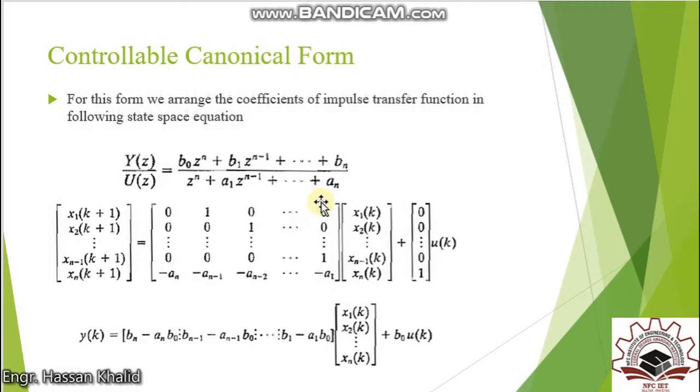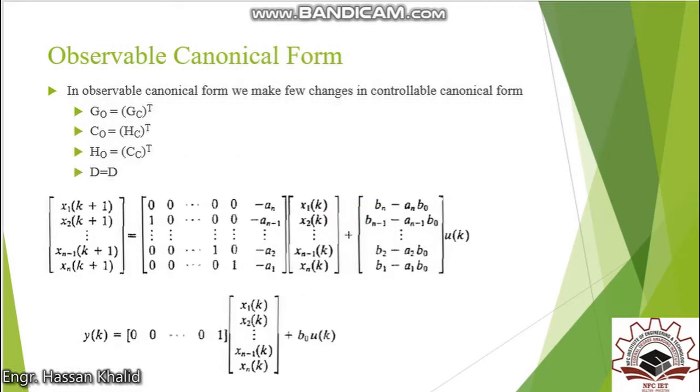That will be my new observable matrix for the G. Now just take a final look. All my last row after taking the transpose have been transformed into the last column, and similarly just by taking the transpose of the controllable G matrix I can obtain the observable G matrix.